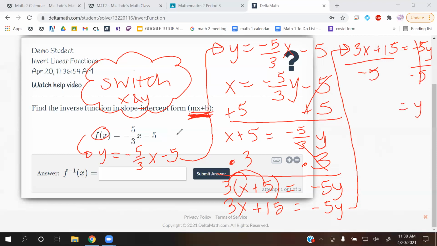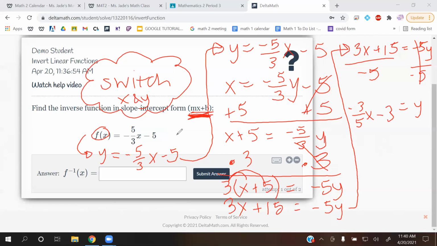We get y by itself. Hooray! And then now we just need to divide everything by -5. So 3x divided by -5 will give us -3/5x. It just turns into a fraction. Leave it as a fraction, okay? Fractions are good for slope intercept form. Remember, slopes are supposed to be fractions, so it's good. And then we have the 15 divided by -5, which becomes -3.